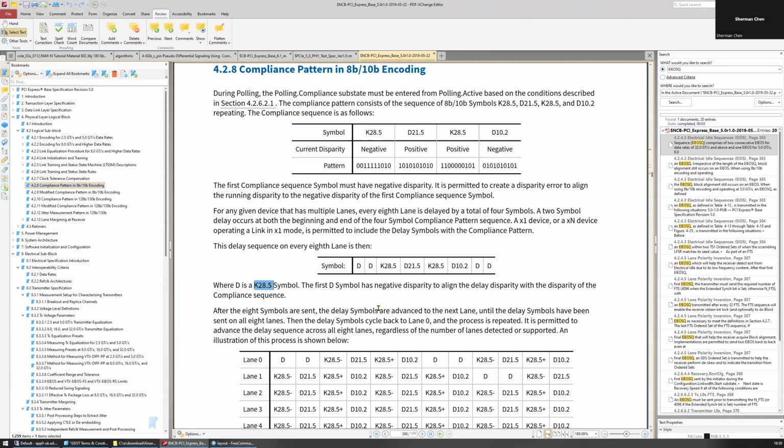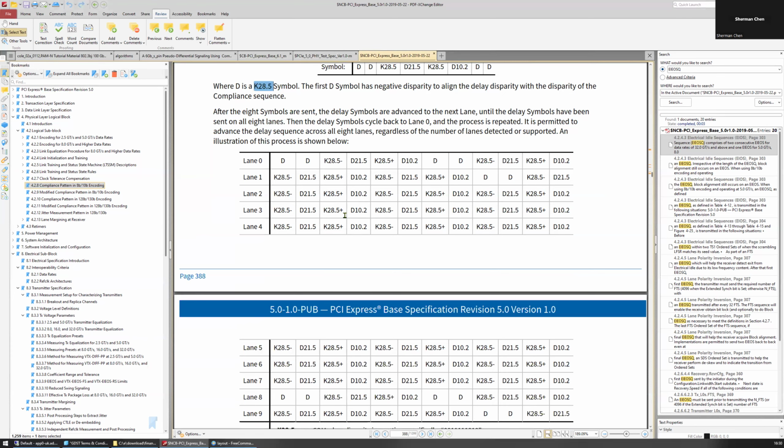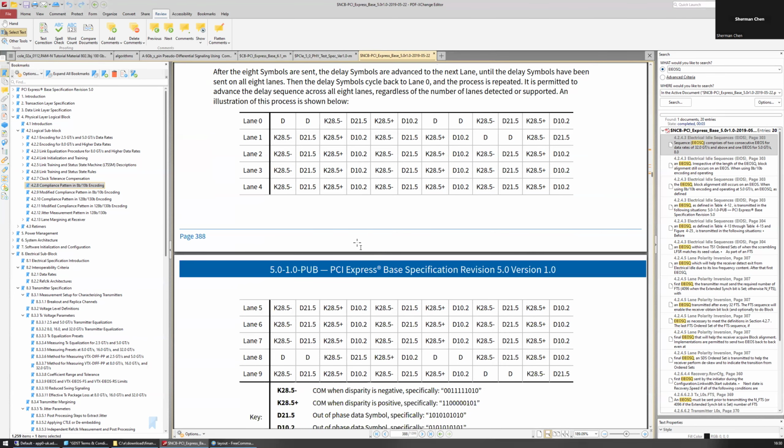and vice versa. The table here shows the overall symbol configurations for this compliance pattern for 8b/10b. And this seems a little bit strange to me.